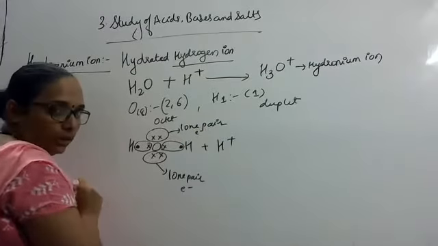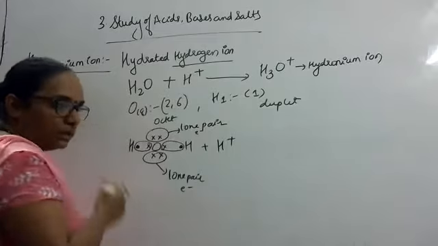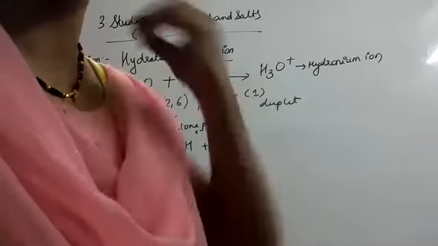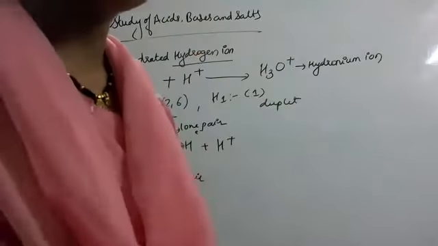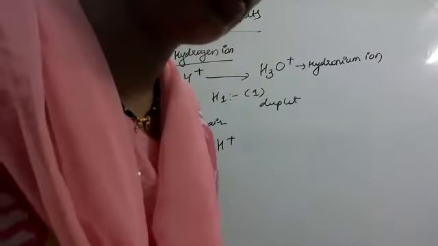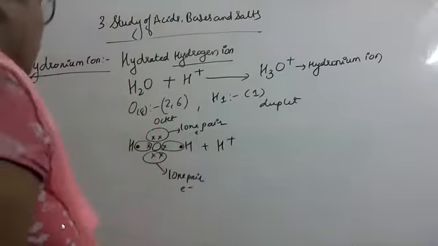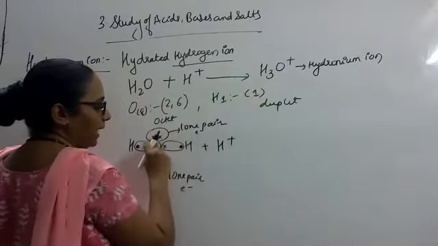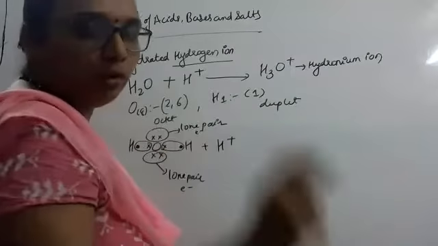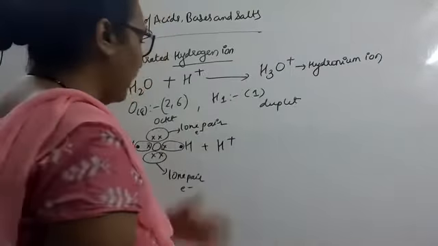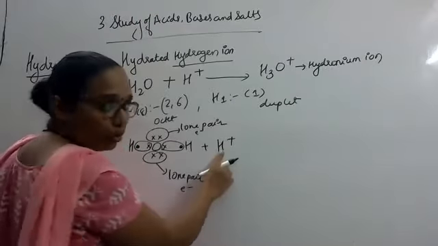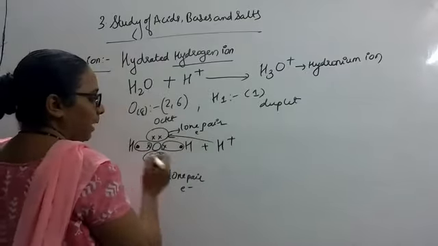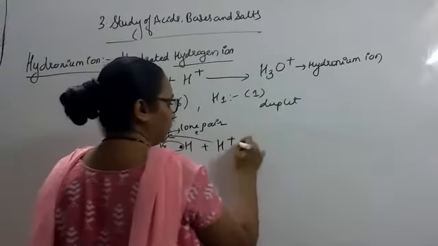A lone pair means the electrons that are not attached to any other atom or element. This hydrogen ion will attach with any one lone pair and complete its duplet, because it has no electron of its own. Suppose you attach it with this one, what type of structure will it form?